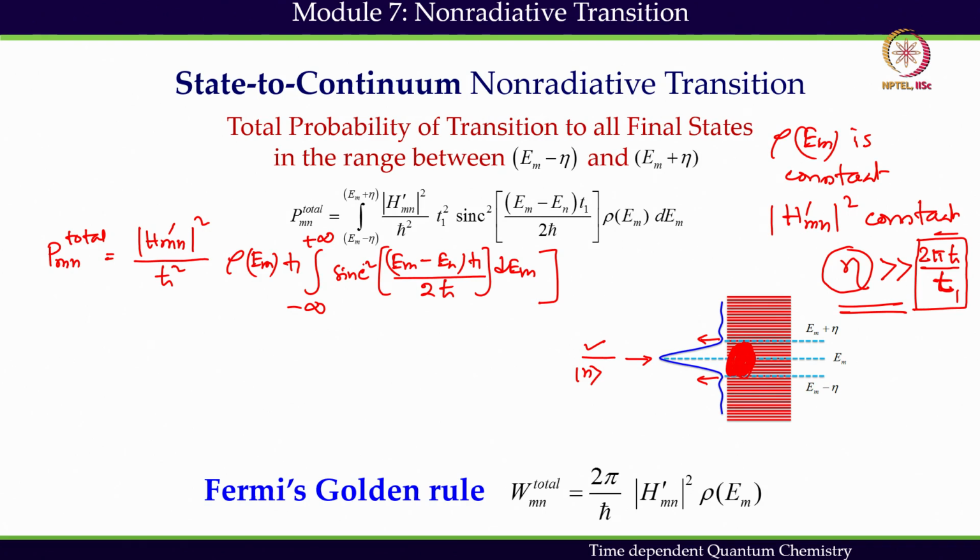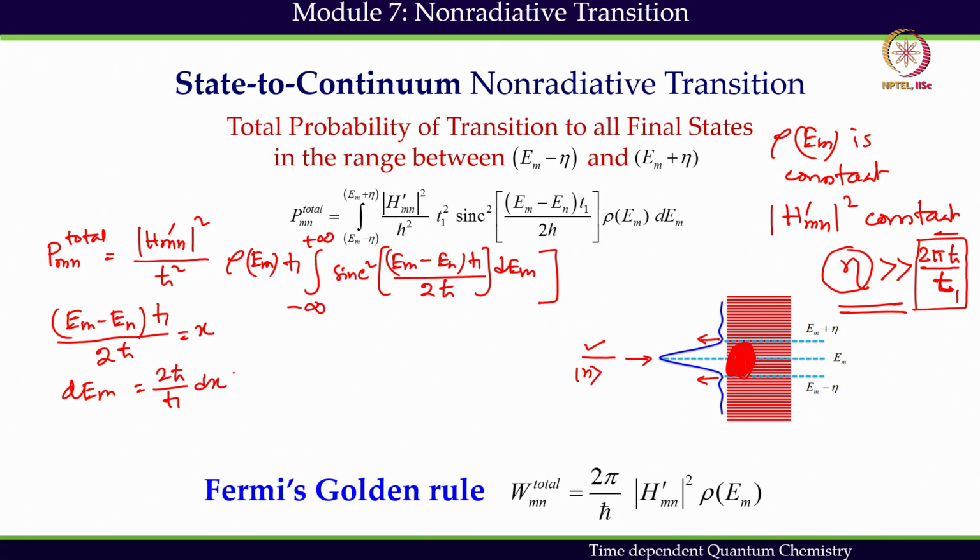I can assume that (Em minus En) T1 divided by 2 h-cut is nothing but x, and in that case I can write dEm equals 2 h-cut by T1 dx.